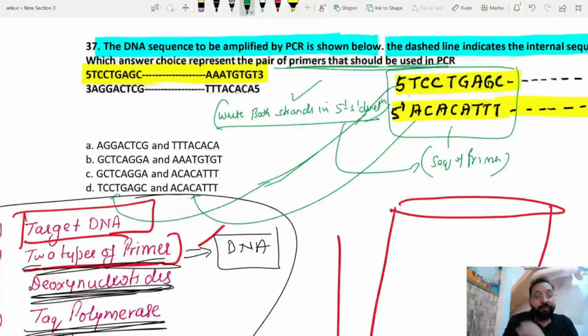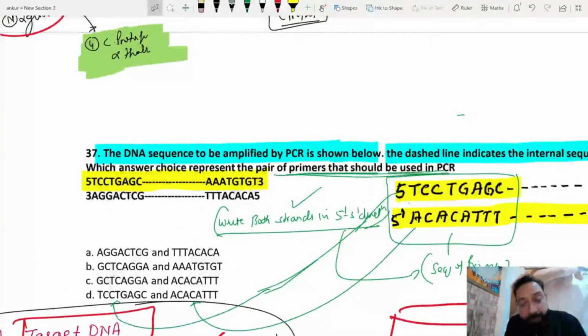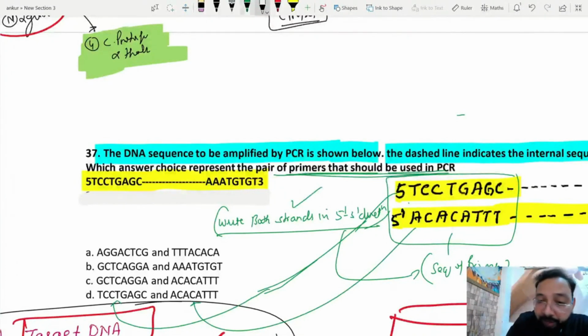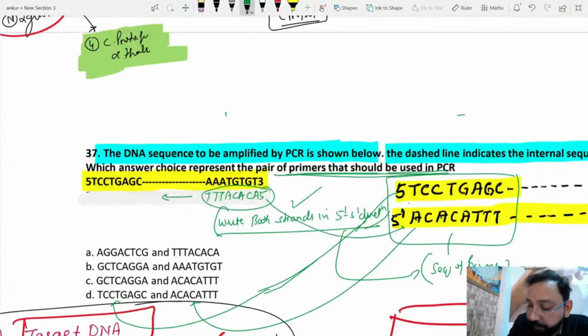The answer is D. You can also calculate if you want: on this strand synthesis will occur in which direction, 5 to 3. The primer would be T T A G C A C A C A T T T. Yes, this is the same, A C A C A T T T. So the primer for this strand is this.